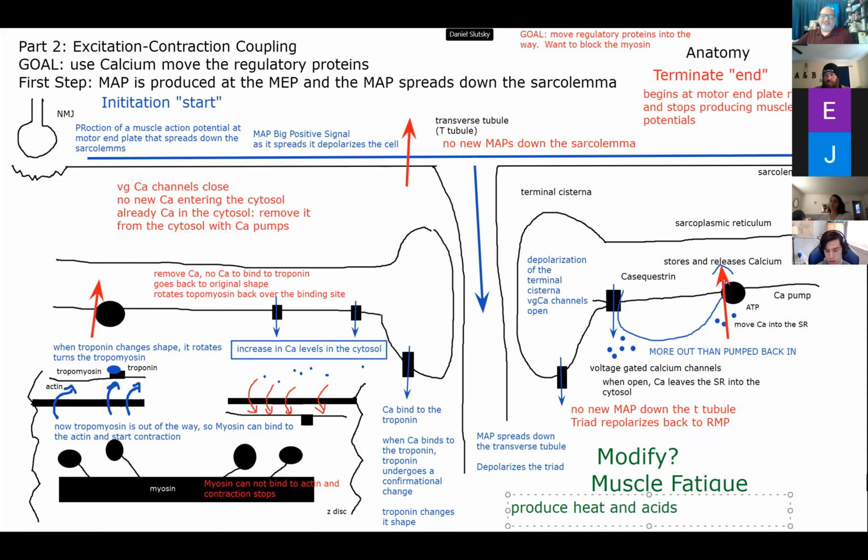What acid in particular would be produced if we're overusing the muscle? Lactic acid, right? Again, we'll talk more about lactic acid later, but the point is we're producing heat and we're producing acids. And what kind of things do we know are really sensitive to changes in temperature and changes in pH?